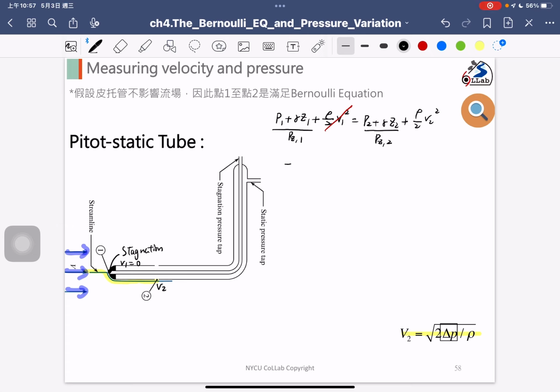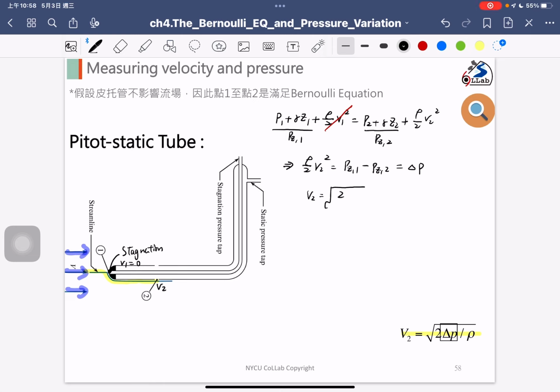I rewrite the equation so that one half rho V2 squared will equal the piezometric pressure 1 minus the piezometric pressure 2, which we call the piezometric difference, delta P. So you can understand why V2 will equal the root of 2 times delta P divided by rho.